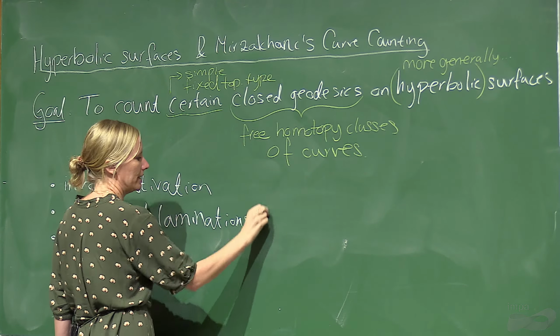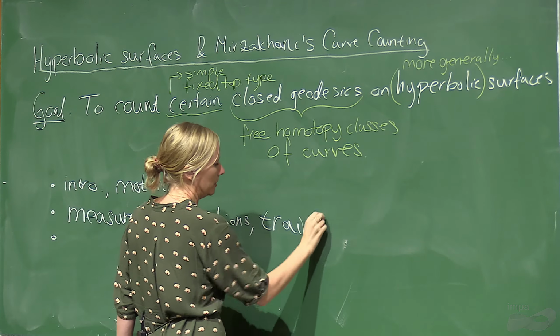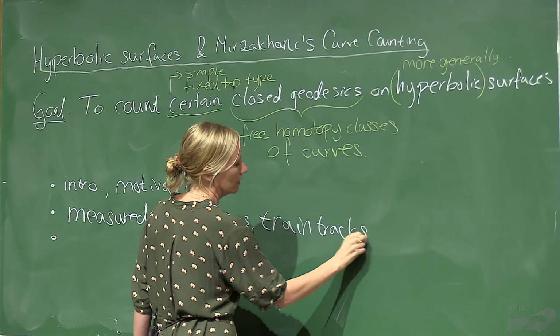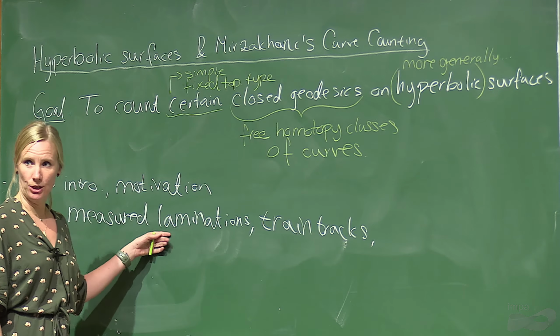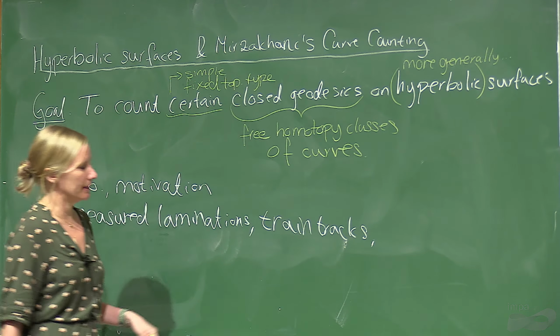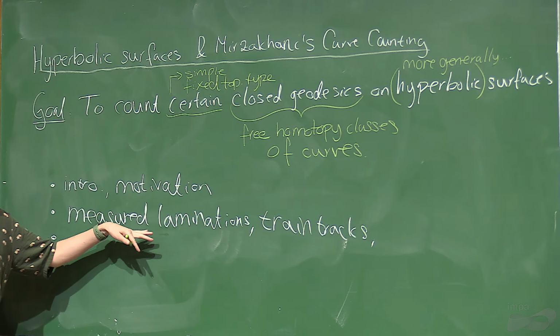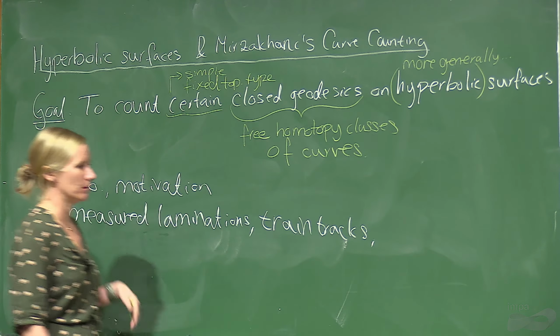I'm going to introduce train tracks, which are a combinatorial tool to deal with closed geodesics or free homotopy classes of curves, but also to deal with measured laminations. And the goal of that is to define a natural measure on the space of measured laminations called the Thurston measure.